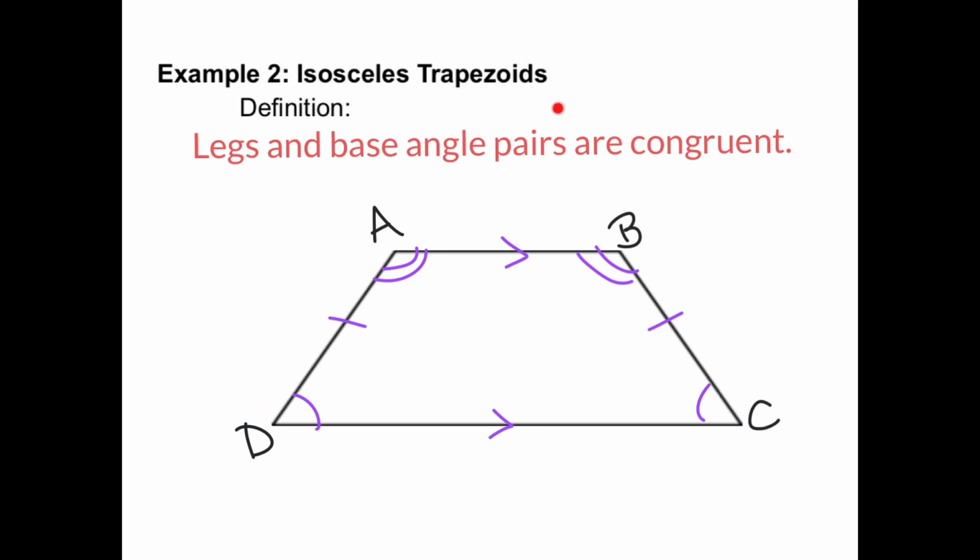When you have an isosceles triangle, the base angles are congruent, and because we're chopping the top off in a parallel way, the base angle pairs up top are also congruent, and these sides are congruent because of the concept of isosceles. This fact of congruency in the base angle pairs is going to help us find some missing angle measures if we need them.